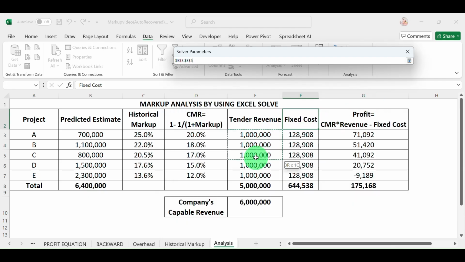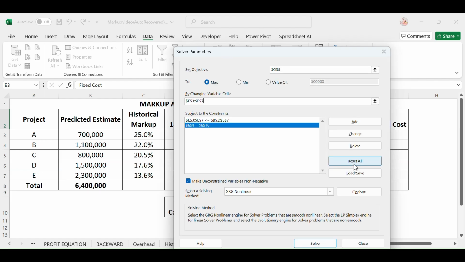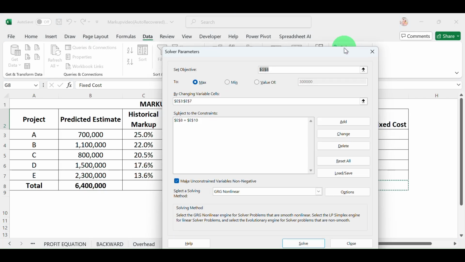We want to change the variable here, and then we have to notify the constraint. We have to report a constraint for Excel. To do that, I will delete this one first. Sorry.